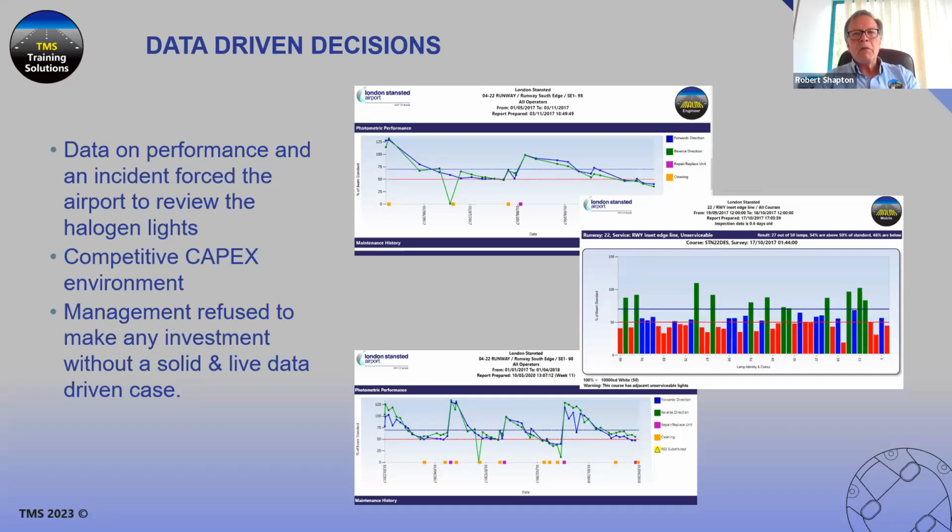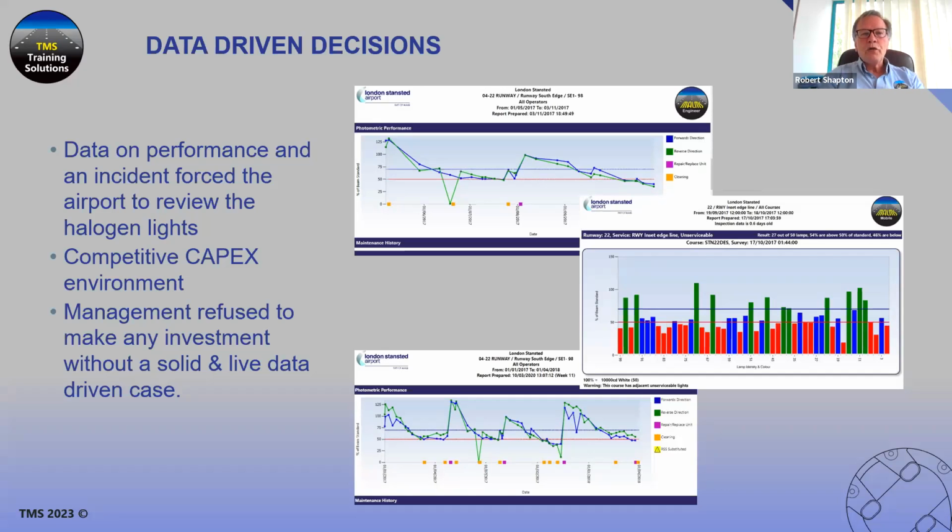Interventions were virtually monthly in terms of replacing lights. Some lights were being replaced monthly. The cycle between maintenance interventions was growing smaller and smaller because of the condition of the airfield lights.